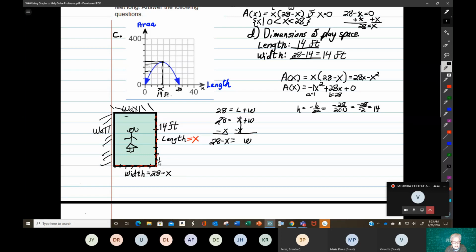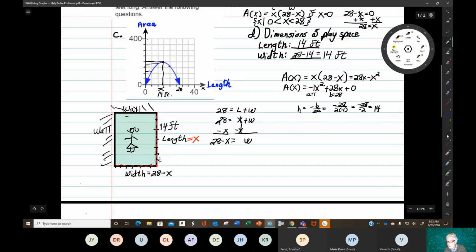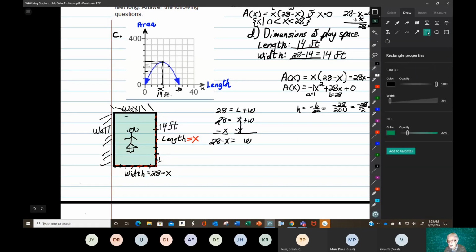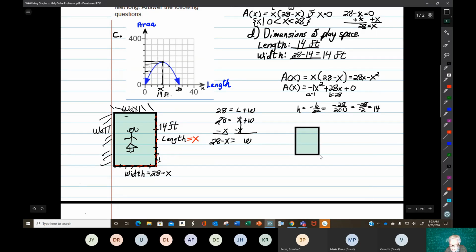So instead of looking like this, our area is going to look like that, as close to equal sides as I can get. 14 by 14 feet. And that's how you did this problem.